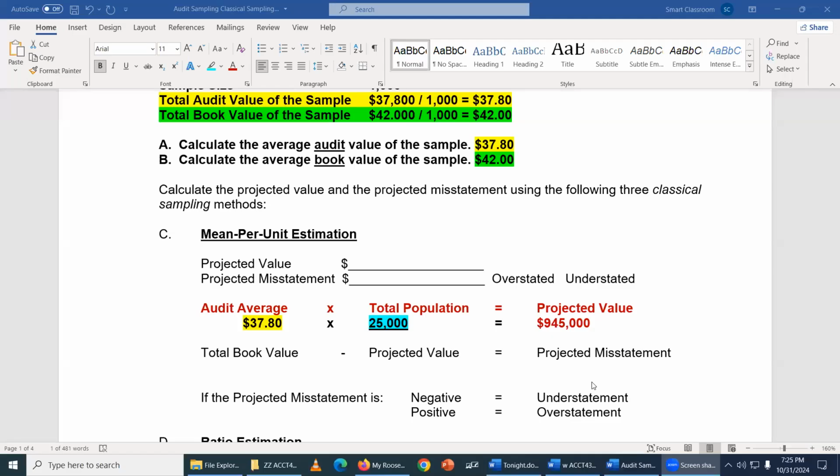And now we go into how much is it misstated by?